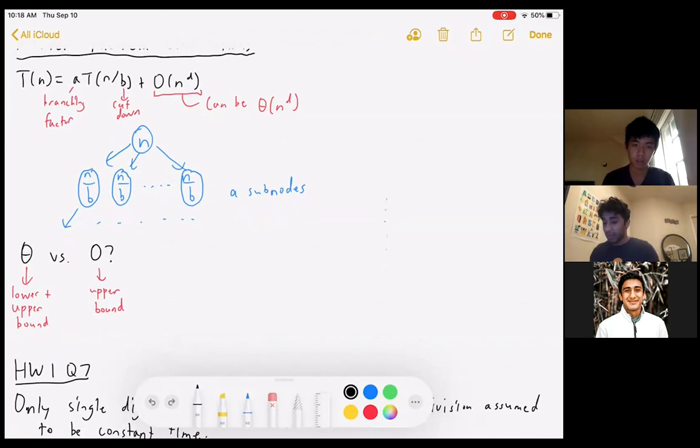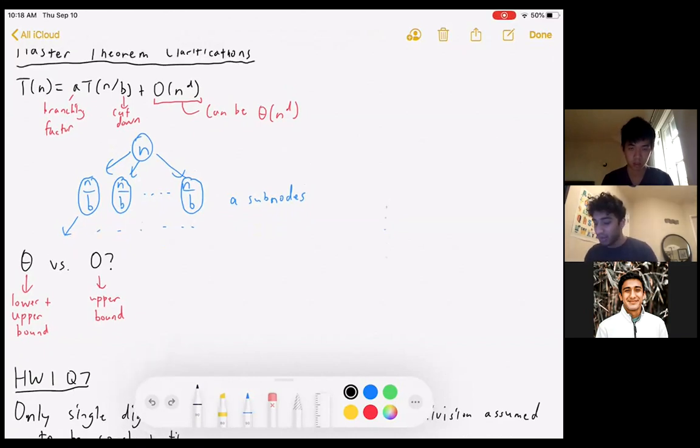So what is the definition of O and what is the definition of theta? Well, the definition of O is that we have a runtime that upper bounds the amount of work at that level. And what does theta mean? Theta is actually an upper and lower bound on that amount of work.